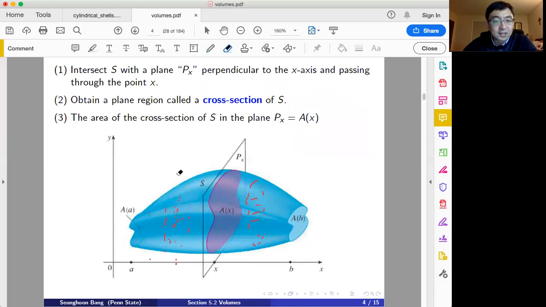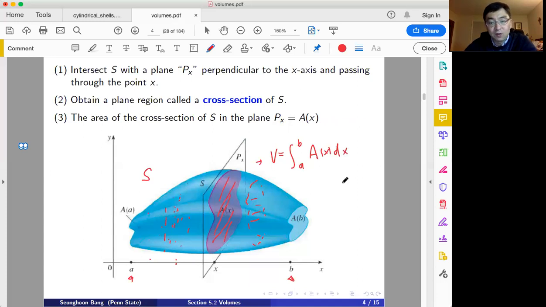Here, the solid S is given. How can you find the volume of this one? The volume is exactly the integral from the starting point a to b, times the cross section A(x) here, dx. That's it.